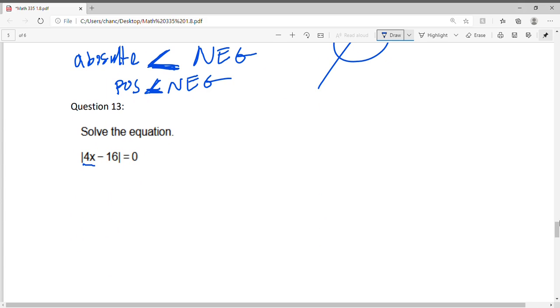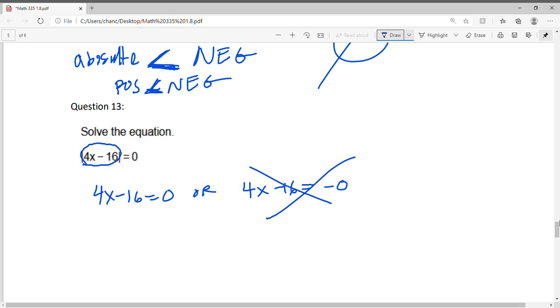Example 13, we have the absolute value of 4x minus 16 equals 0. So there's two possibilities. The inside could be equal to 0, or the inside could be equal to negative 0, but that's the same thing as 0. So I'm just going to use one scenario here. We'll just use the fact that 4x minus 16 is equal to 0.